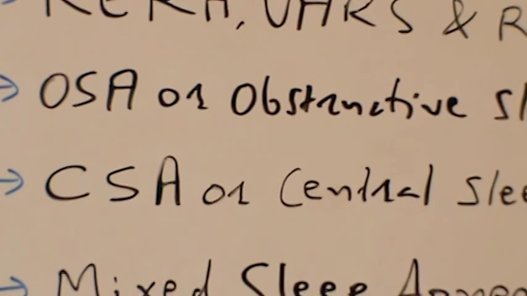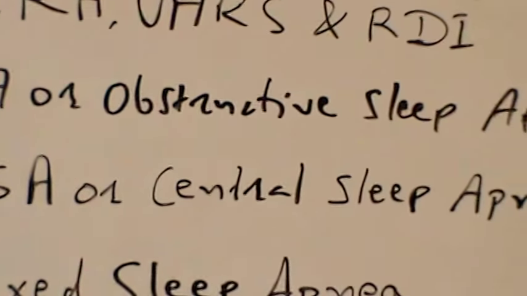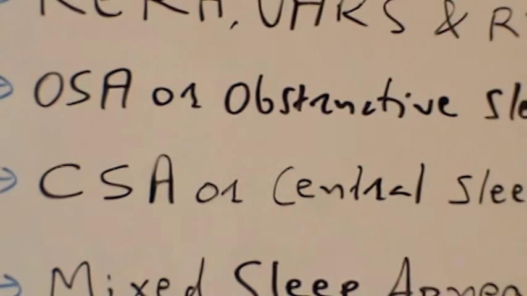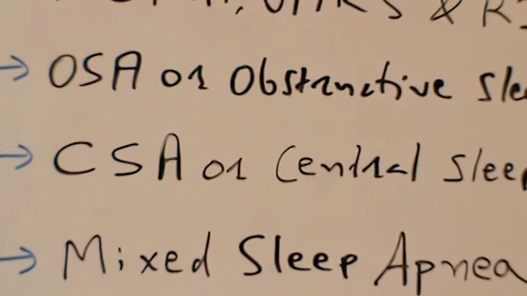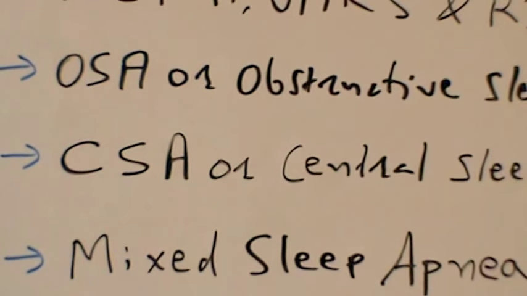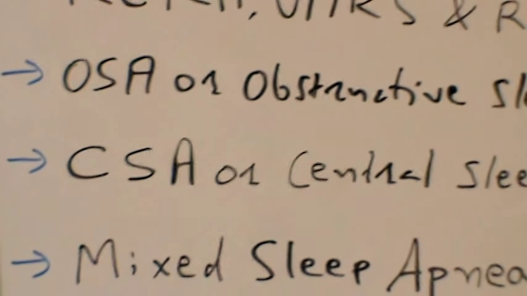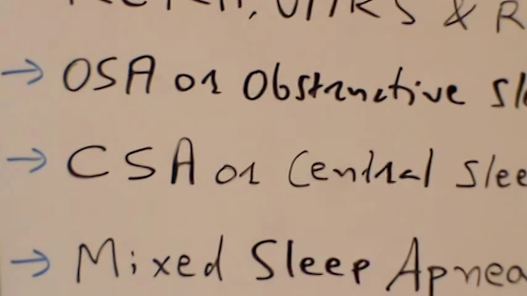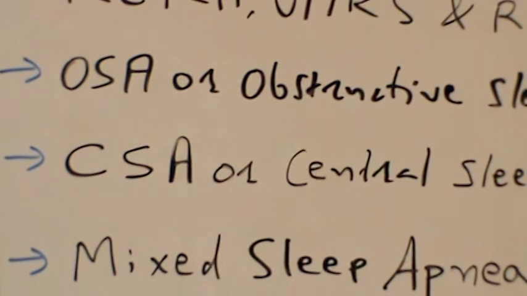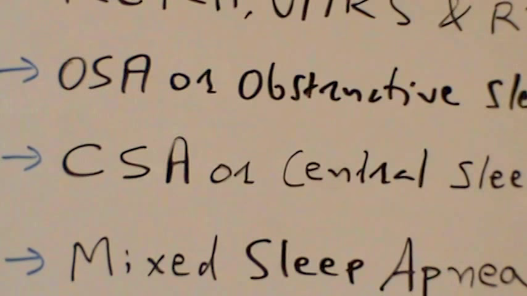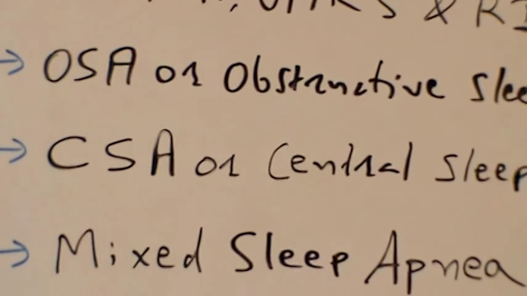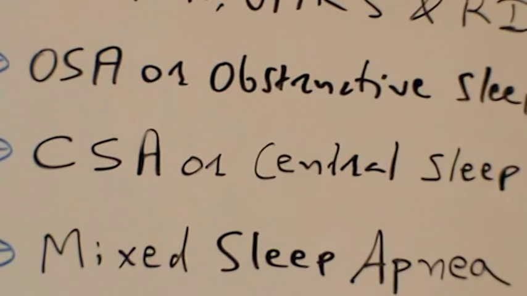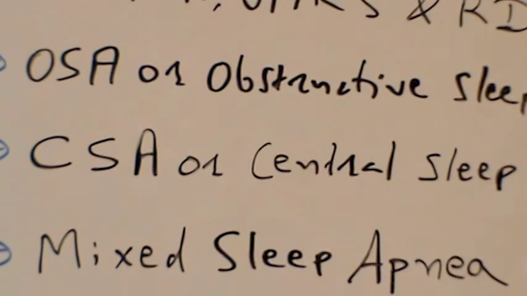Let's move on to the central sleep apnea. CSA or central sleep apnea. In CSA, the neurological signal to breathe is absent. The apneas or hypopneas are the result of brainstem or other neurological failure to continue breathing during sleep. The CSA is characterized by absence of both ventilatory effort and oronasal airflow.